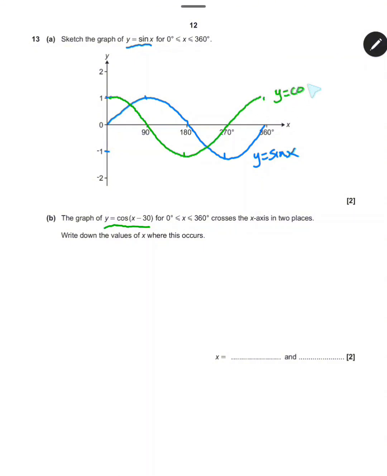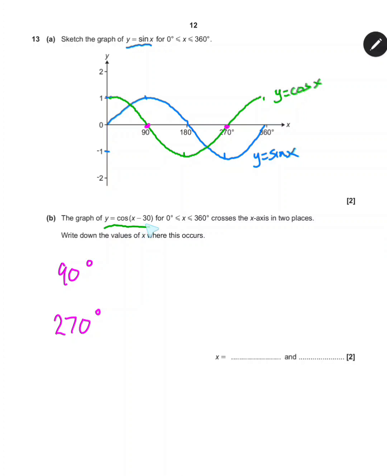And what we can see from y equals cos x is it crosses the x-axis here and here. So I'm looking at 90 degrees and 270 degrees.